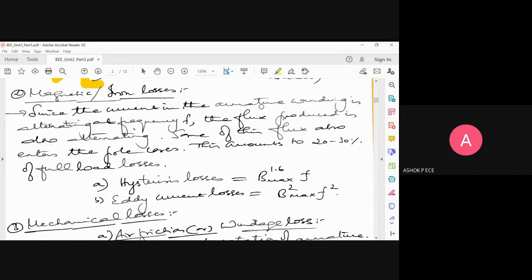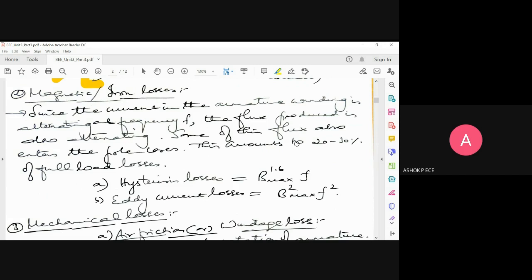So the current in the armature alternates at a frequency f. The flux produced is also alternating, and only an alternating flux can produce an alternating current. Some of the flux will also enter the pole, and that is going to cause magnetic or iron loss.